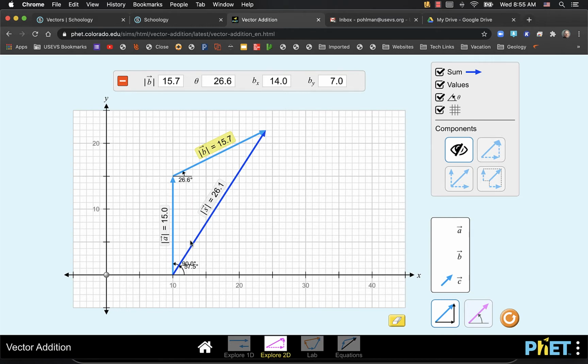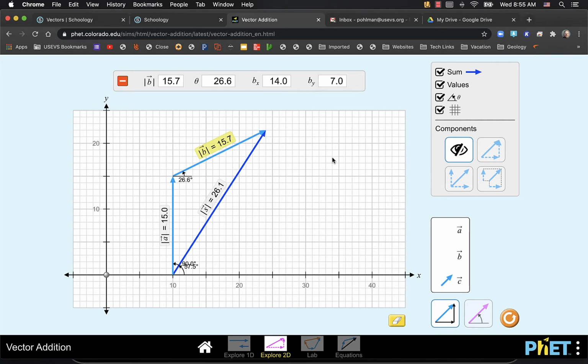Now, in terms of the x-axis, I know that I started right here, and my purple vector goes to about this length. What makes up that x value? Well, we get no x value from this one here, but from this one, do you notice that we go from our starting point and then we go over right to here?